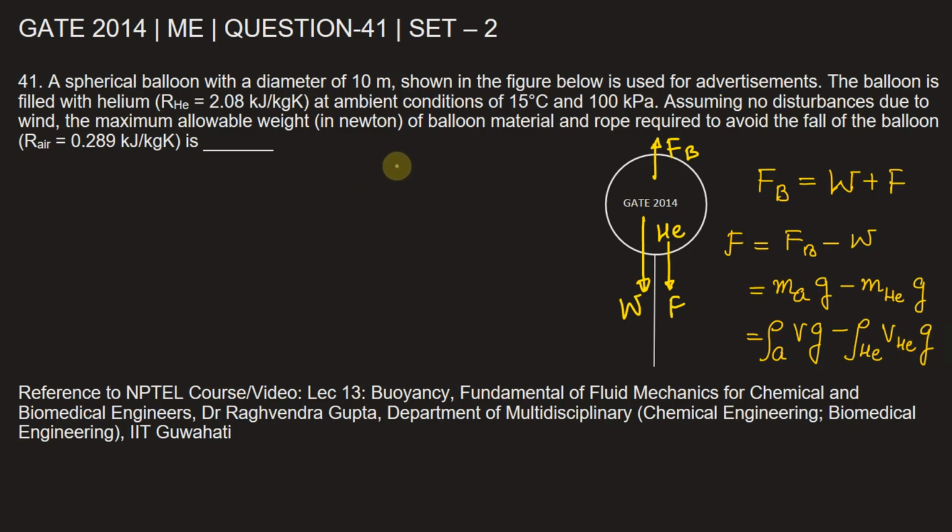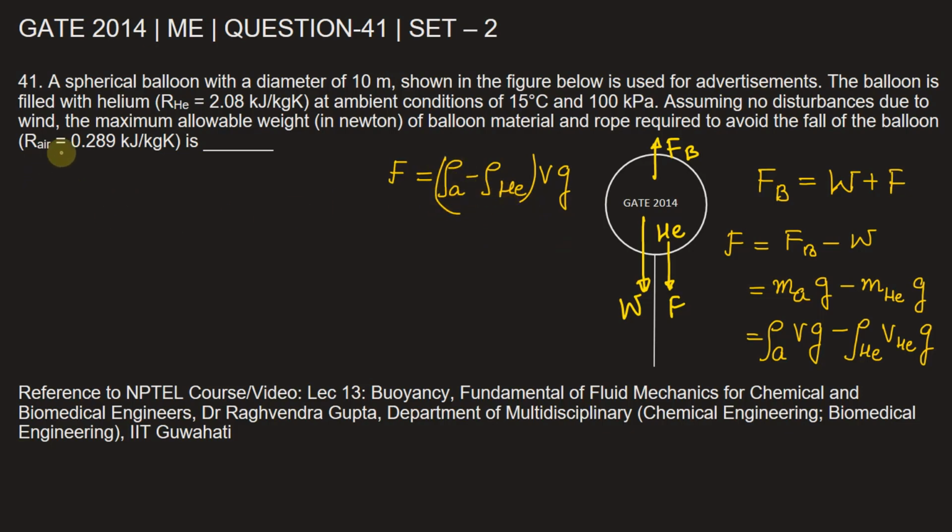So let's write the final equation here. F will be equal to density of air minus density of helium, multiplied by the volume of this balloon into acceleration due to gravity. Now we need to find rho A, that is the density of air, and the density of helium.